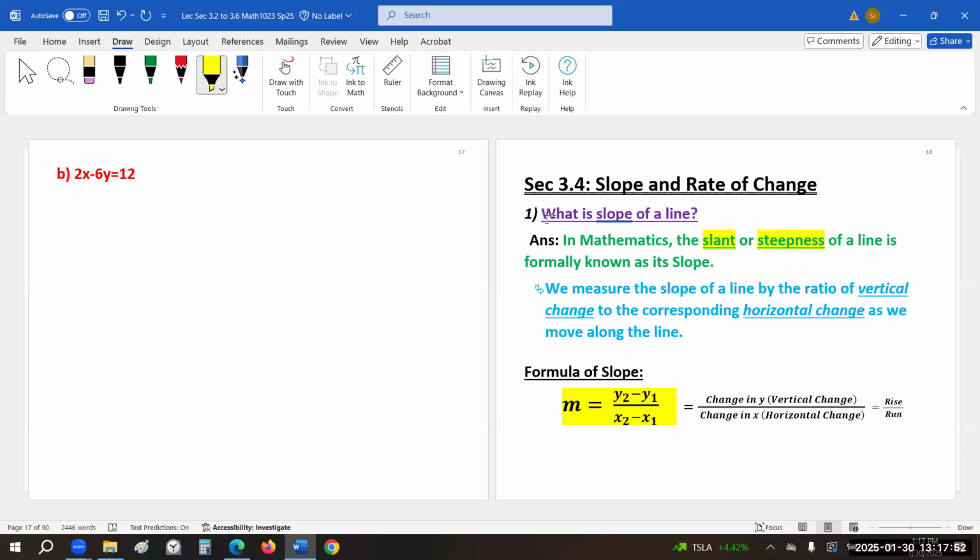Why is it negative 6? Why is it anywhere positive 6? So now, thank you.